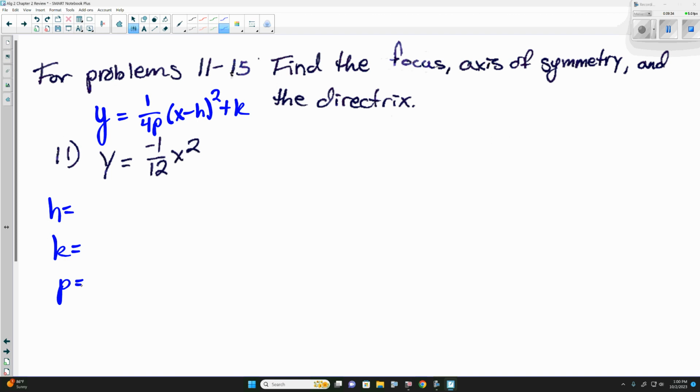Well, what is the value of k for this problem here? 0. We don't have anything added to the end, so the value of k is 0. What's the value of h? 0. Since we don't have a set of parentheses, the value of h is also 0. Now to find the value of p, well, p is equal to 1 over 4 times whatever's in front of our term being squared.